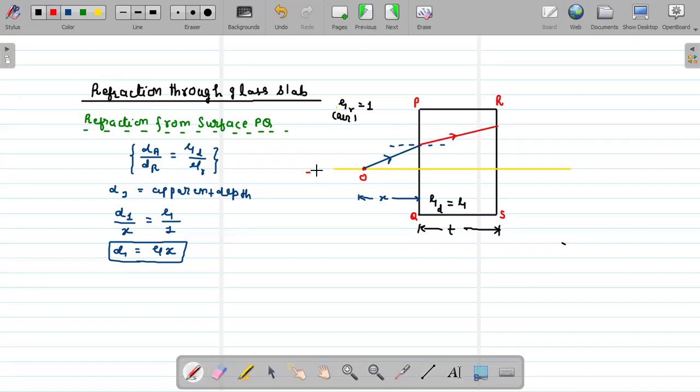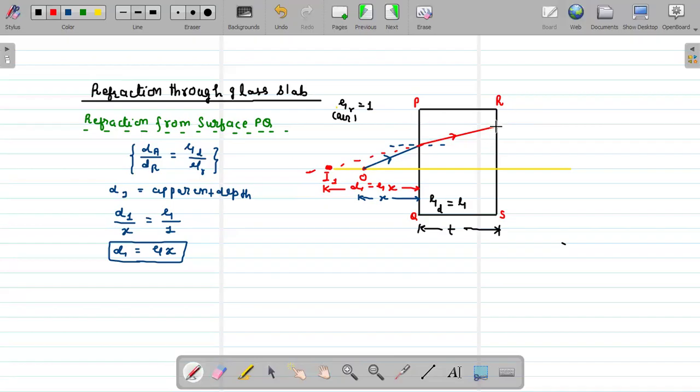When I extend this red line in the backward direction, I will get the image. This is the image formed by surface PQ. This is I1. The distance of I1 from the surface PQ is D1, which is equal to mu x.